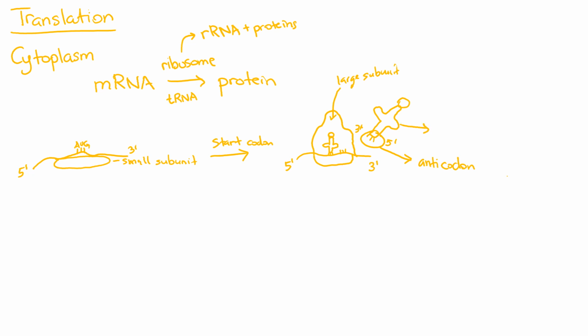We have the actual structure of the RNA, so tRNA is in the shape of a T. And then we have the thing attached to it at the very top, the amino acid, very specific to the amino acid that's being called on by the codon on the mRNA. So this right here is the codon, a 3 nucleotide sequence on the mRNA.